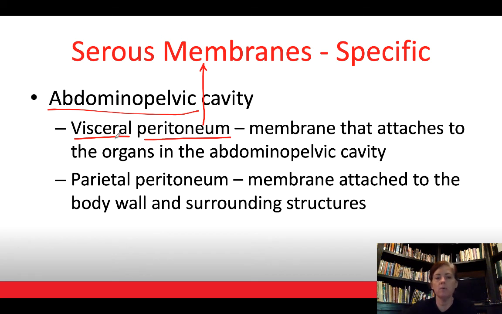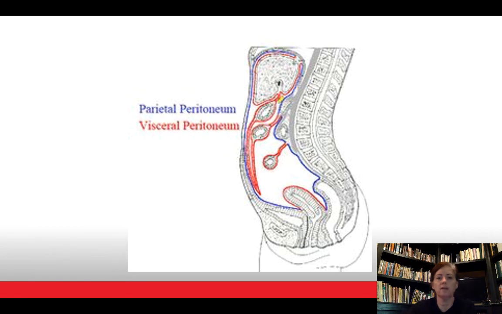So we know when we see visceral peritoneum, it's going to be the specific serous membrane that covers the organs in the abdominopelvic cavity. So all of our digestive organs and reproductive organs. And then parietal peritoneum is going to be the specific serous membrane that lines the cavity that those organs reside in. Okay.